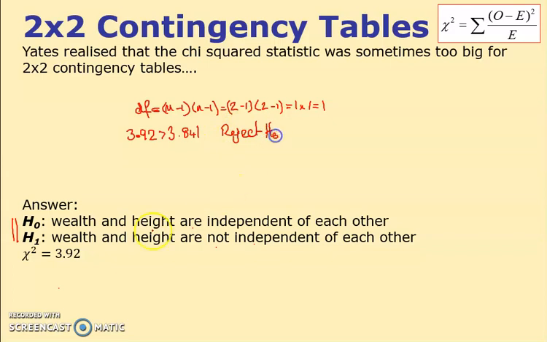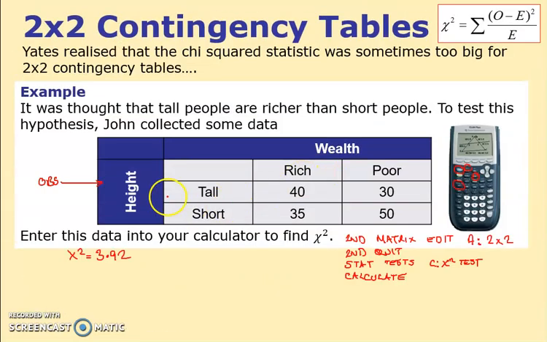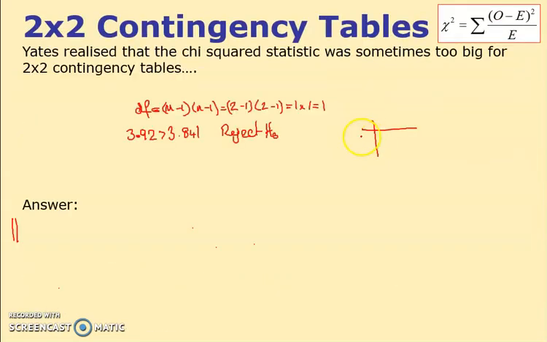Now notice what H0 says. H0 says they're independent of each other. So we had, on our table, two things. We had the height and wealth. So we had height of people and wealth of people. And we've rejected this idea that they're independent. And that implies there's a link between them, a link between height and wealth, which explains differences that you might have expected.